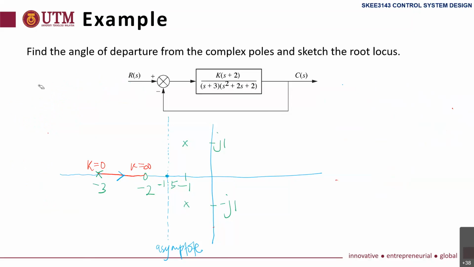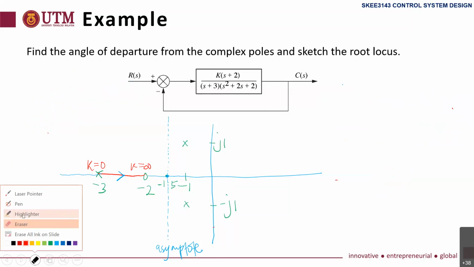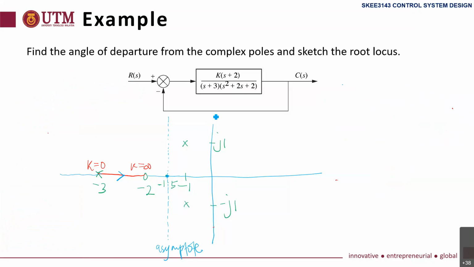Find the J omega crossing. Rule number 7 deals with J omega crossing. J omega crossing means the imaginary part exists.